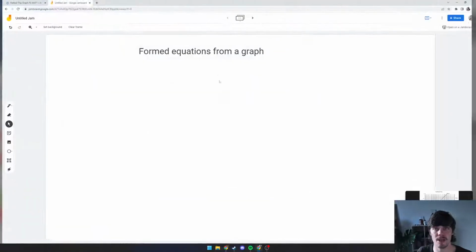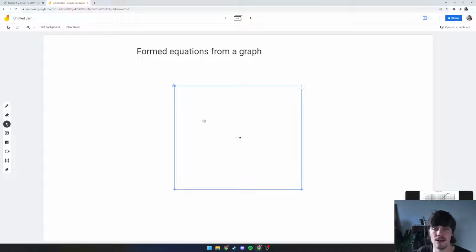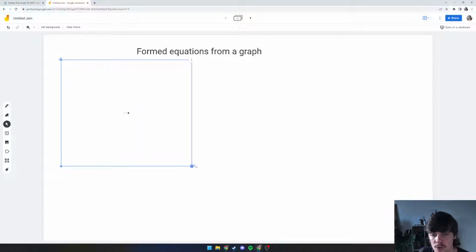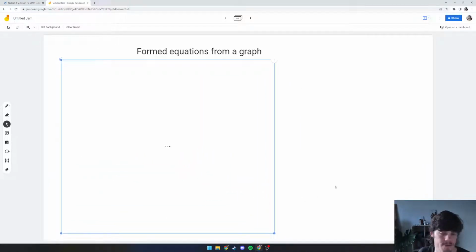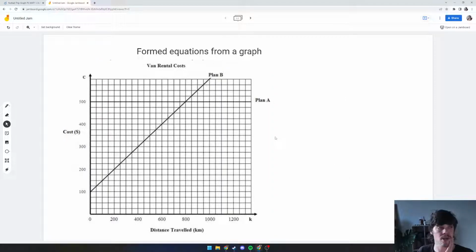So we've got Jamboard up here, and we're going to spend a little bit of time learning how to form an equation from a graph. Let's just give that a second to load. So I've got the graph here, and to form an equation from a graph, you're going to have to find 2 things. The first is the y-intercept, and all that means is where the line crosses over this black arrow that is pointing upward.